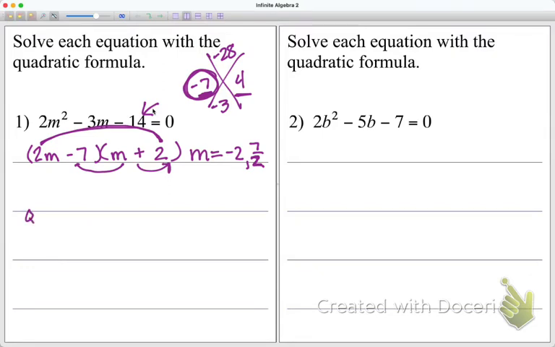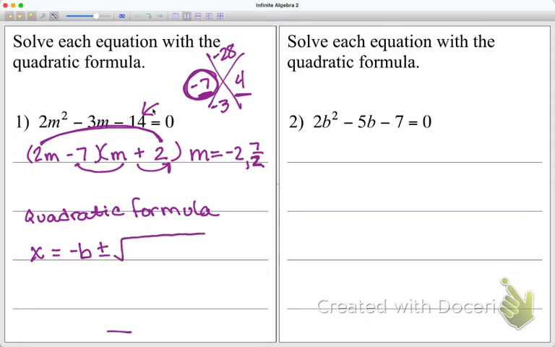So the quadratic formula is x equals negative b plus or minus the square root of b squared minus 4 times a times c, all over 2a.